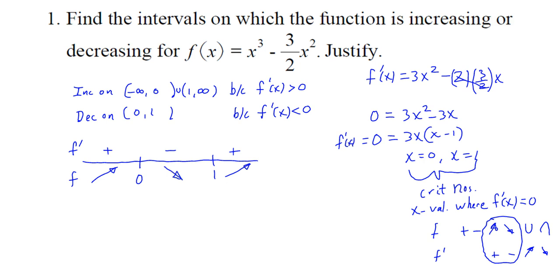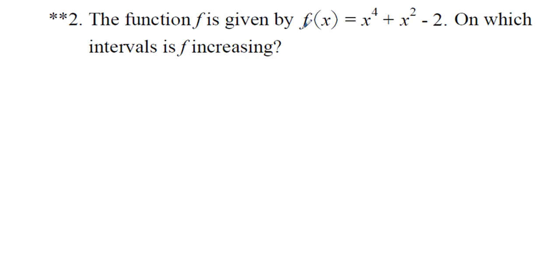I'm going to go now to problem 2. The function f is given by f of x equals x to the 4th power plus x squared minus 2. On which intervals is f increasing? I'm going to just pre-justify again.